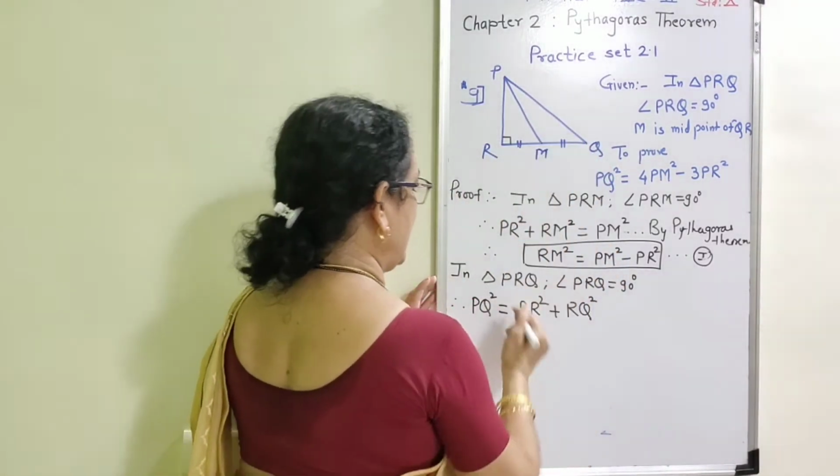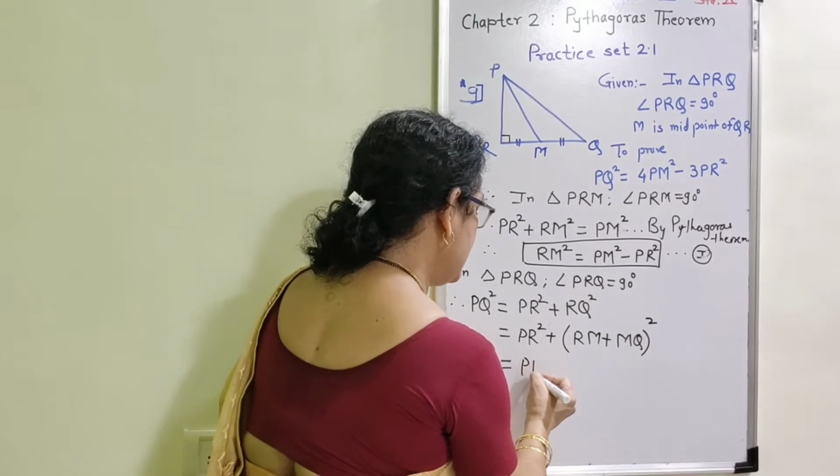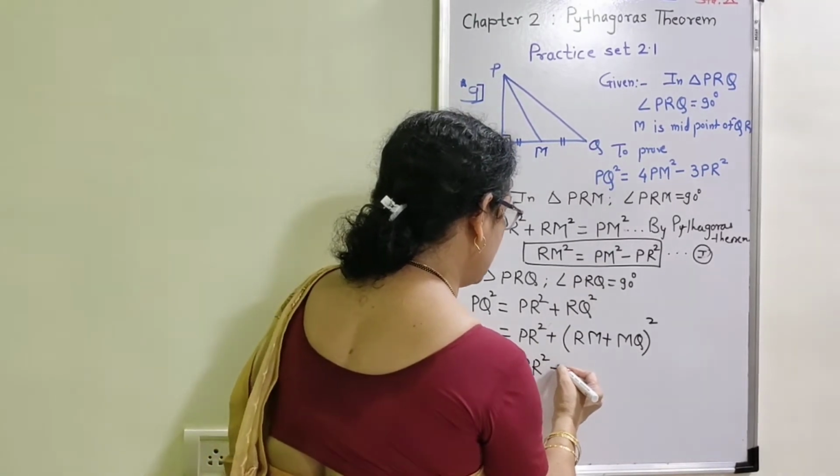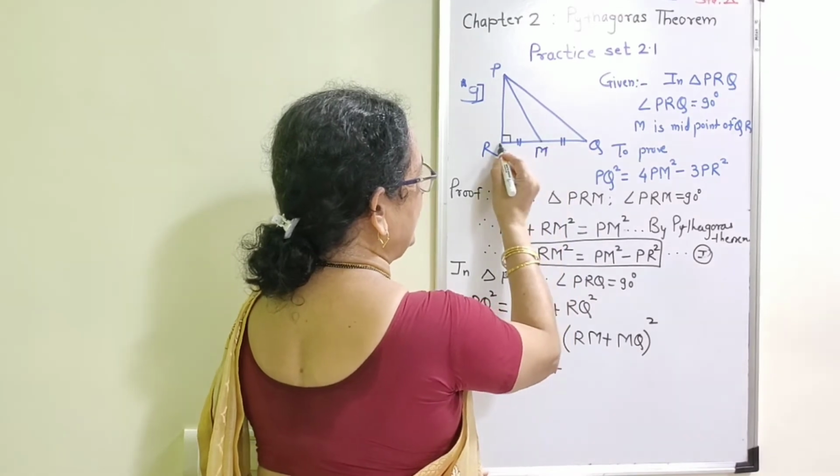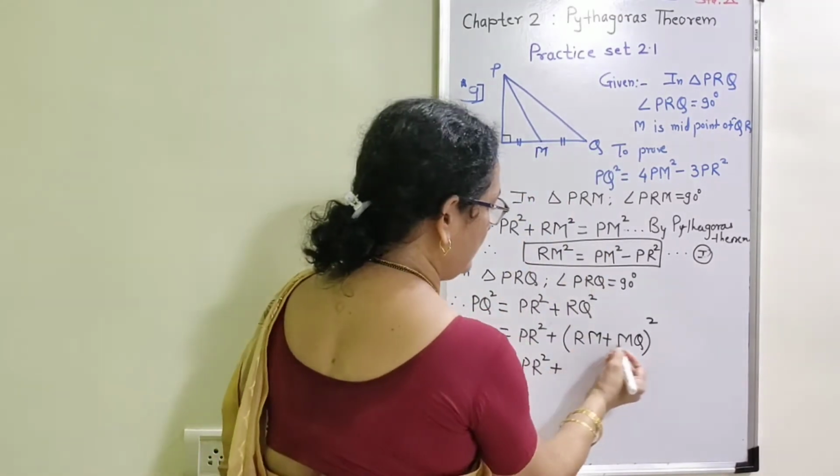But we know that RQ is the addition of RM and MQ. Since it is given that M is midpoint, RM is equal to MQ.